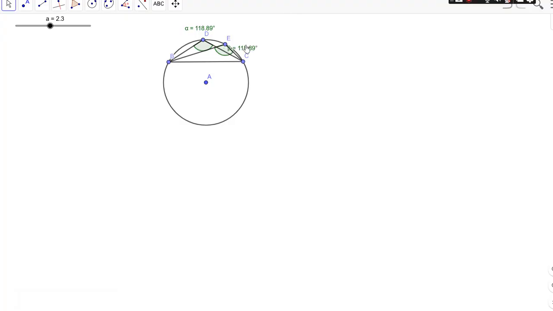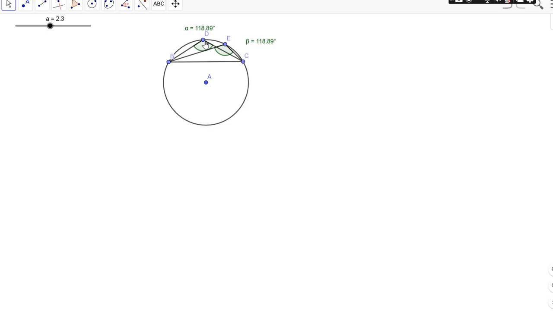The first one is, in minor segment, the measure of angle is more than 90 degrees and less than 180 degrees. So clearly we can say in minor segment the angles formed are obtuse.